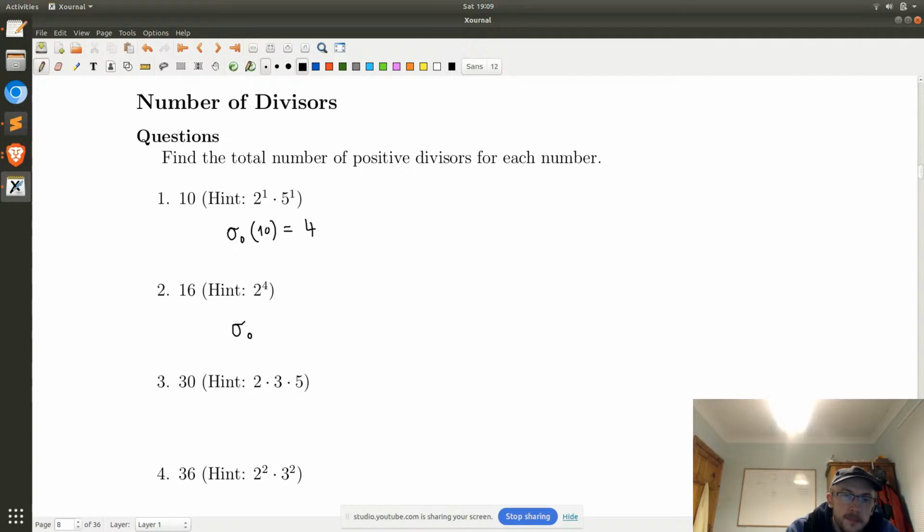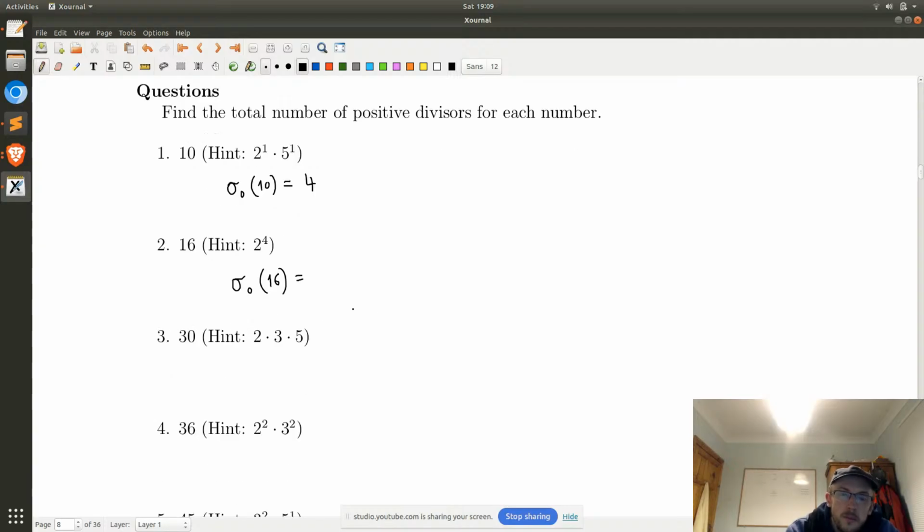And sigma sub 0 of 16 would officially be 1 to the 0 plus 2 to the 0 plus 4 to the 0 plus 8 to the 0 plus 16 to the 0. But I already know ahead of time that the number of divisors is 5. So we just check for those first two, make sure that we're doing it right. And we are. Okay, wonderful. I'm just going to get used to the notation here.